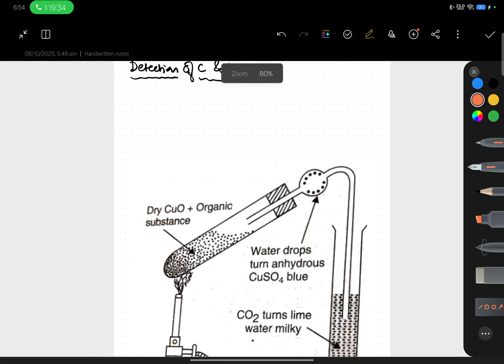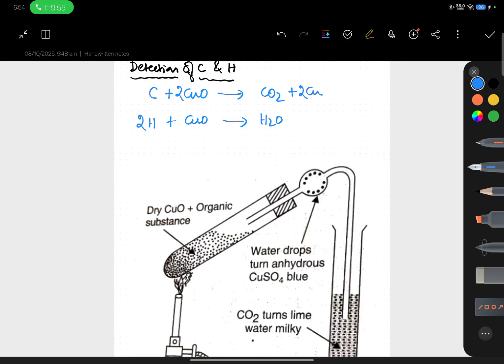So let me write the equation on the top. Carbon reacts with 2 copper oxide to give carbon dioxide plus 2 copper. The next one, 2 hydrogen reacts with copper oxide to give H2O plus copper.